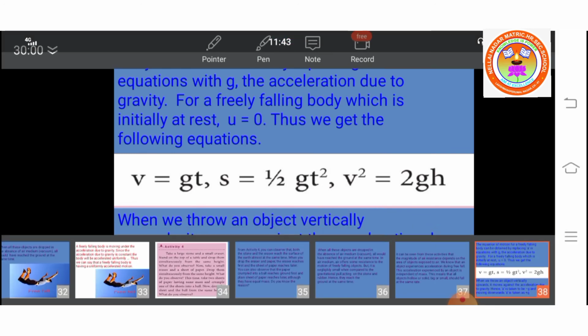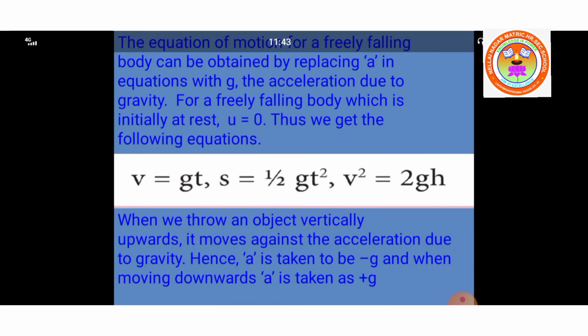Here, for the freely falling body, it is the acceleration due to gravity. So the letter a is replaced by g. For a freely falling body which is initially at rest, the initial velocity u is equal to 0. Thus we get the following equations.